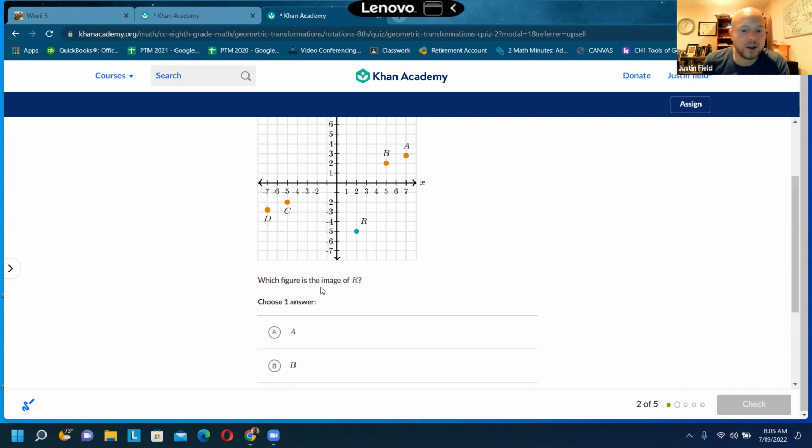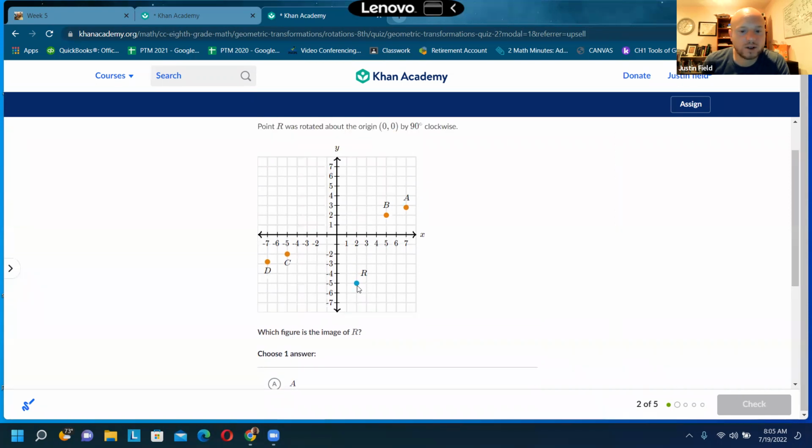Which figure is the image of R? So there's R, 90 degrees clockwise about the origin. So I'm going to draw my line, and then if I'm going 90 degrees clockwise, that would be in this direction to the left in this case. And so which point can I draw to make my right angle?